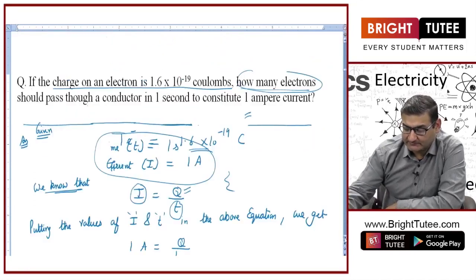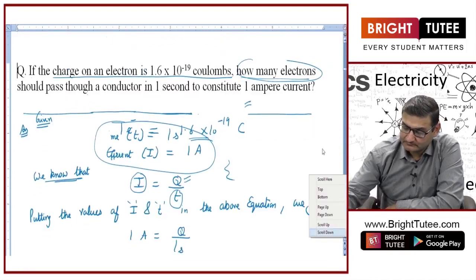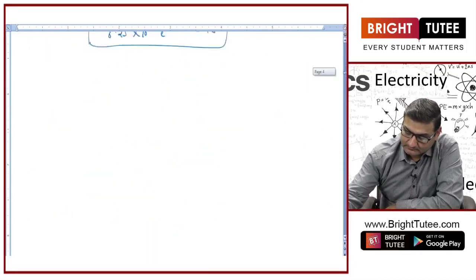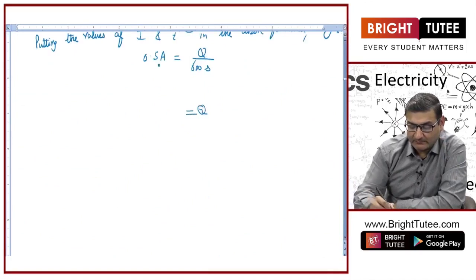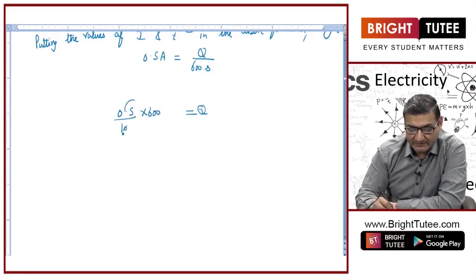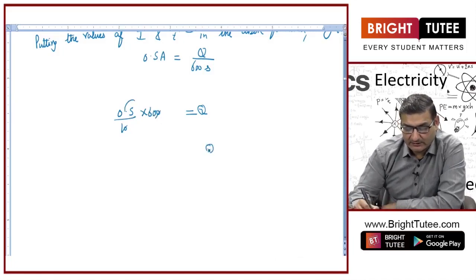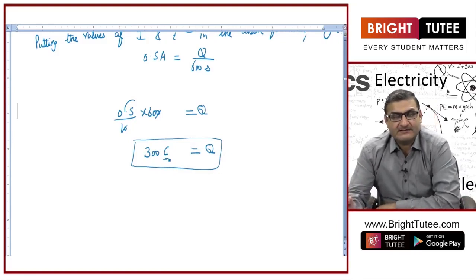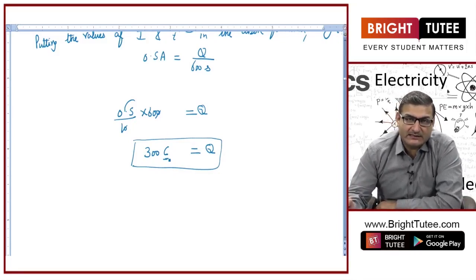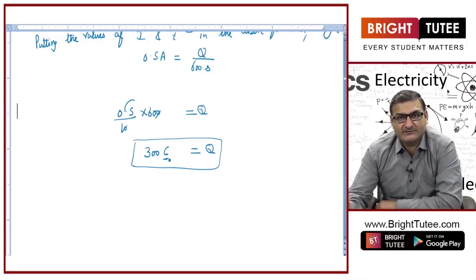Now, cross multiplying, Q will become 0.5 multiplied by 600. Removing the decimal, I will get divided by 10. Then, just cancelling it out, the amount of charge Q comes out to be 300. Very important, the SI unit of charge is coulombs. So, my answer is 300 coulombs of charge.